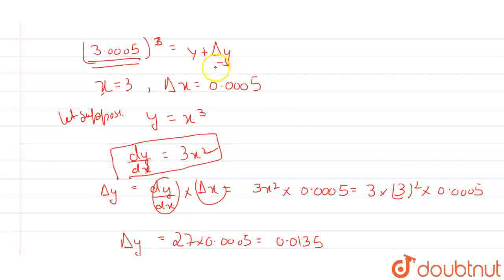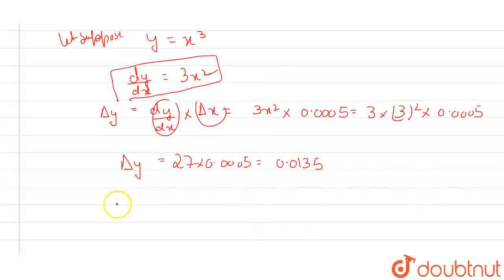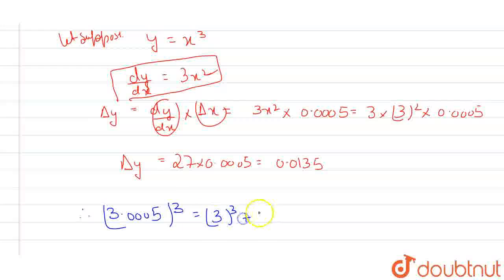To find out the value of this one, we found the value of delta y. Now we already know the value of y, exactly, the value of y should be 3 cube. So we can write 3.0005 whole cube as y plus delta y, where y is x cube and x is 3. So 3 cube plus delta y. What is delta y here?